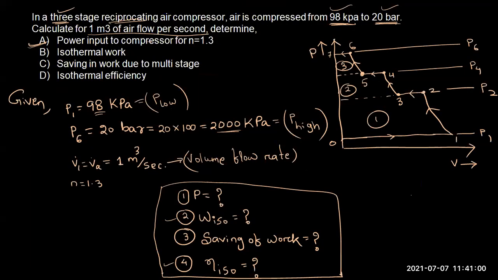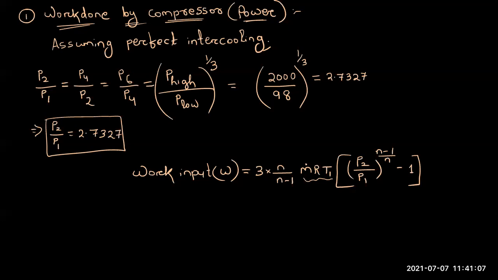In the question paper, P1 they have given, P6 they have given, and volume flow rate they have given. But the mass flow rate they have not mentioned, and the inlet temperature also they have not mentioned. So what should I write here? How to solve this question? Can you tell me?